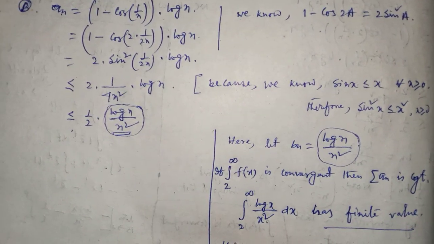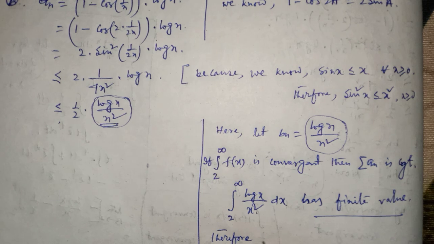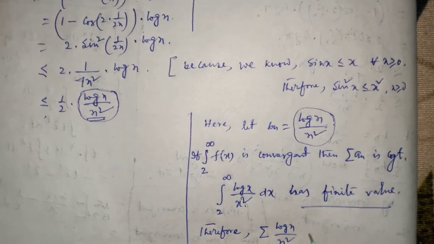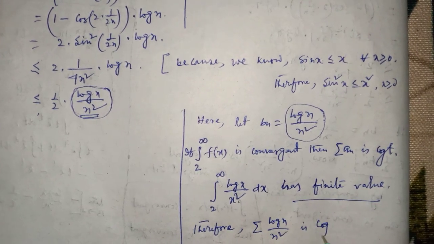Therefore log n by n square is convergent.